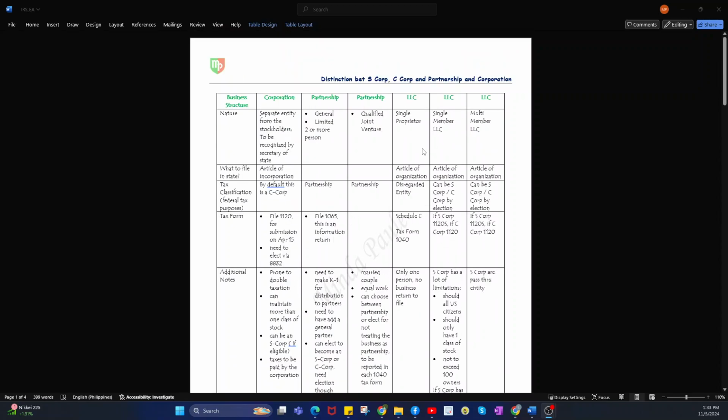All right, last but not the least is the multi-member LLC. Just the same for LLC, they have to file articles of organization. For a multi-member LLC, if it's more than 100 owners, only a C Corp can be chosen. But if it's less than 100, so still a multi-member, then an S Corp tax classification can be chosen.